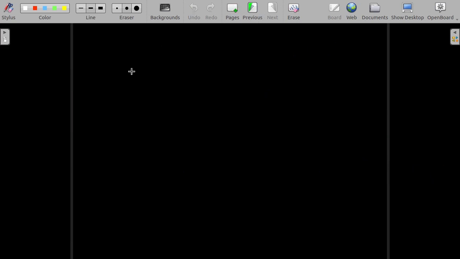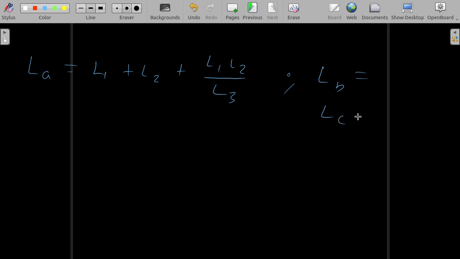Again, similarly, if we are considering LA, LB, LC and CA, CB, CC, LA will be L1 plus L2 plus L1 L2 by L3. Similarly, LB and LC will be something similar.